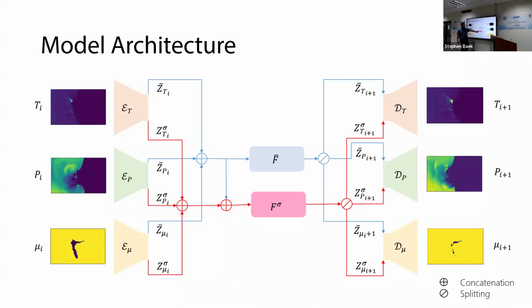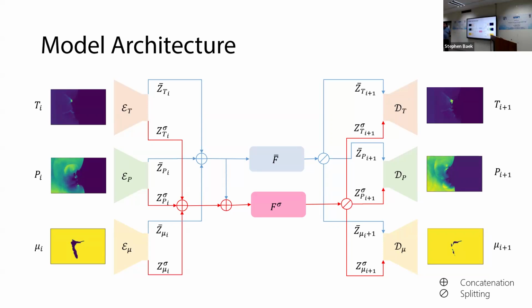Then F bar and F sigma will produce the prediction of the updated Z_T, Z_P, and Z_mu, the new state. From there, we have the decoder for T, decoder for P, decoder for mu. And at the end, we have the reconstructed T, P, and mu after time delta T.